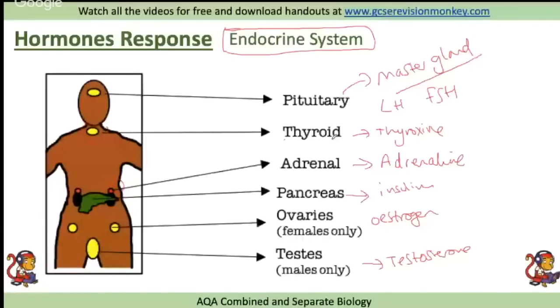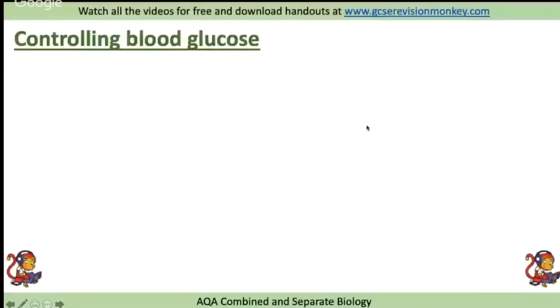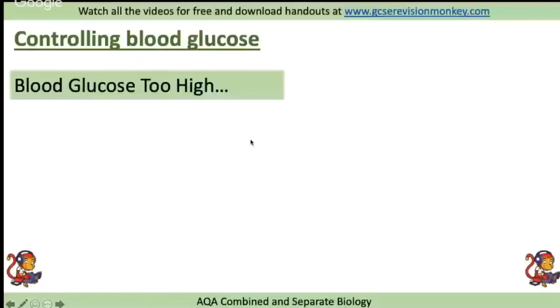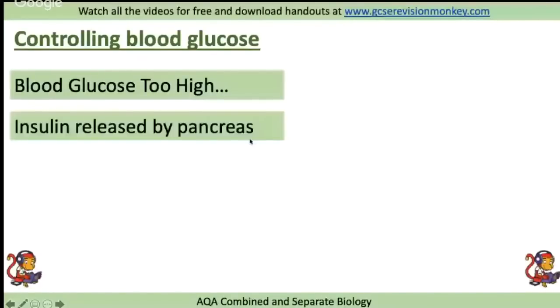So as we said, the response in the hormones is a lot slower. One thing that they can do is be involved in controlling blood glucose. And for that, it's the pancreas here that's the important gland for controlling blood glucose. And we said that was an important thing to control for homeostasis. So if your blood glucose is too high, insulin is released by the pancreas.